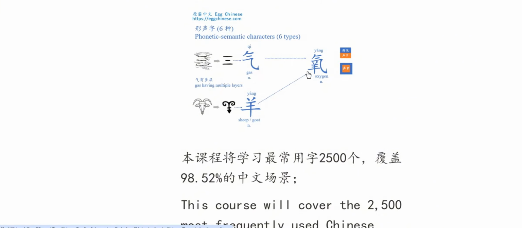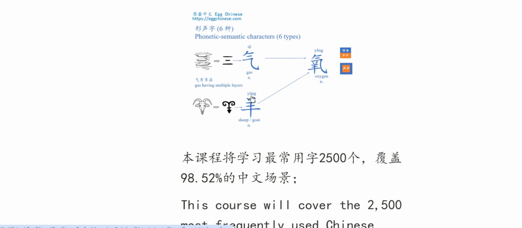So in this character we can see the top is the radical, meaning this character is a kind of gas, and below is the phonetic part, which represents the pronunciation of this character.